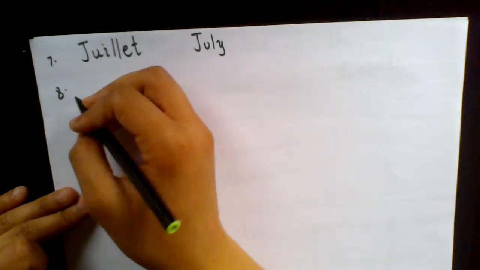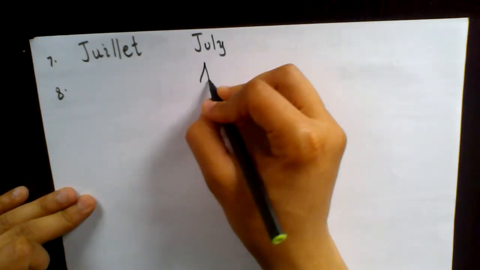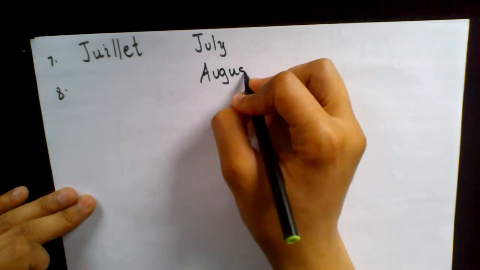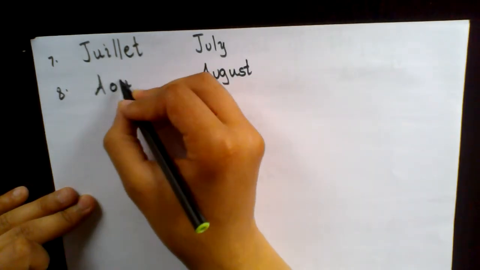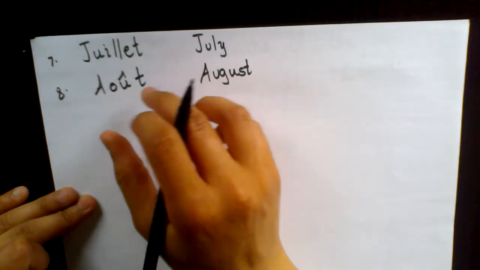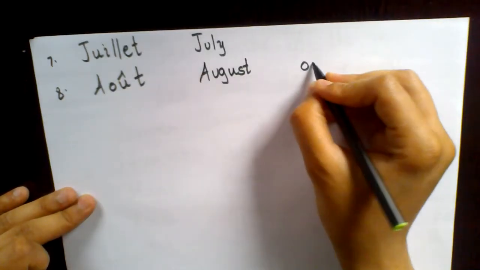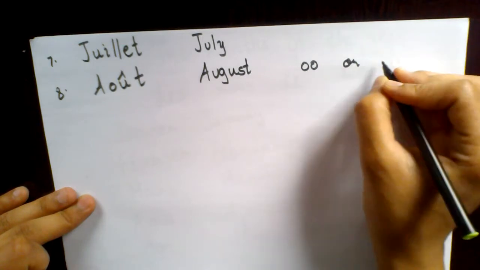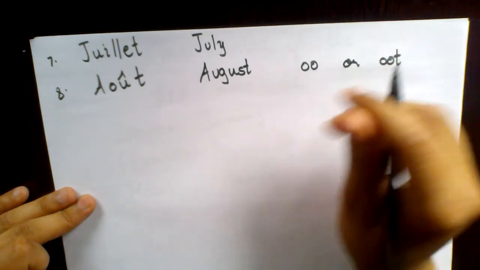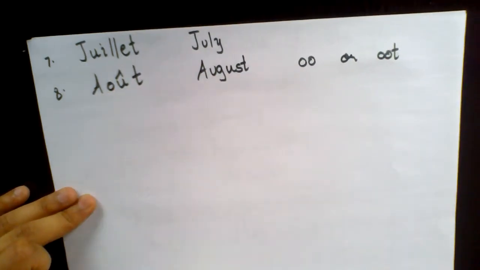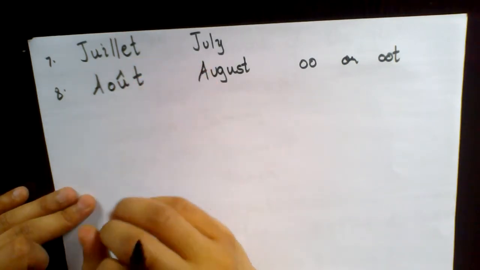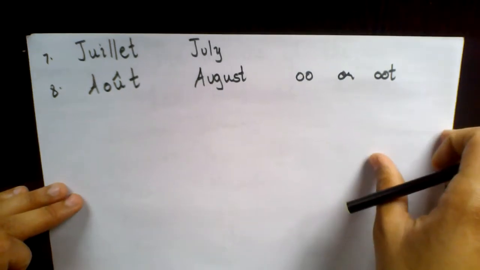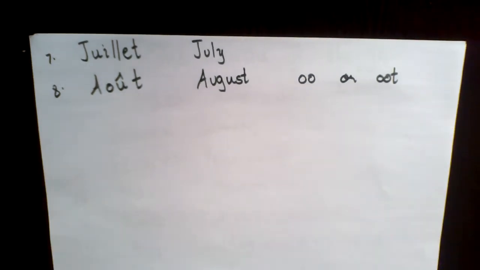Then you have the eighth one, which is August, and it is a bit tricky because it is different, and you have an accent on top of the U. You may pronounce it as "Ou" or "Out". Now I know you might be thinking that we are coming up with words in which the ending sound is pronounced. However, do not worry, I'll be teaching you in the coming lectures.